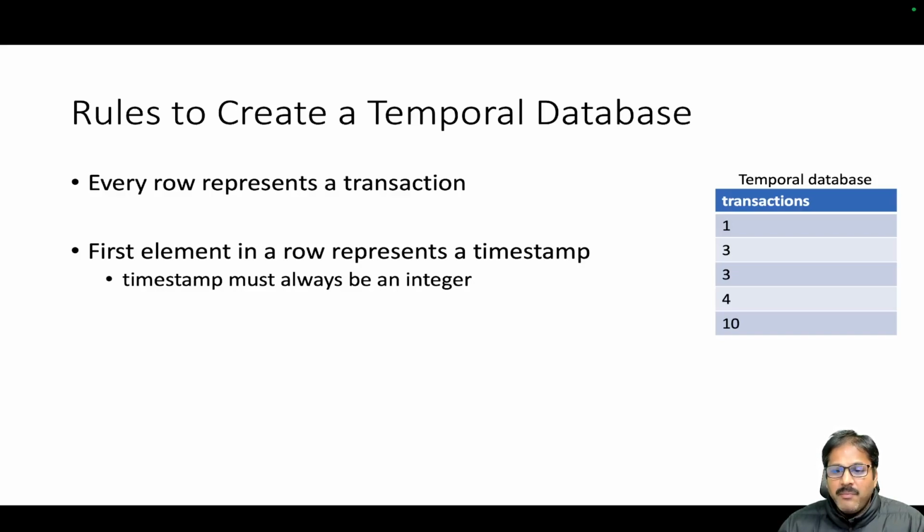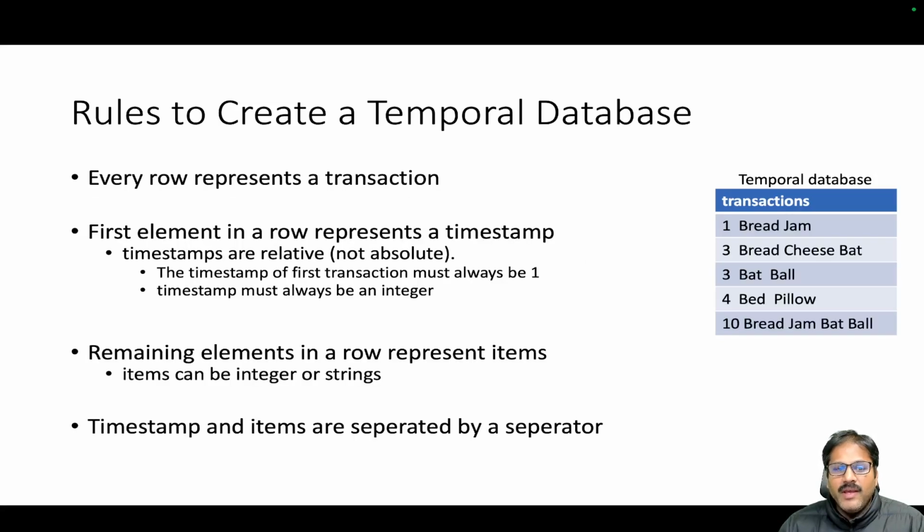The timestamp must always be an integer. Next is timestamp must always be relative, not absolute. It means timestamp must always start with 1, and it should go on continuously.